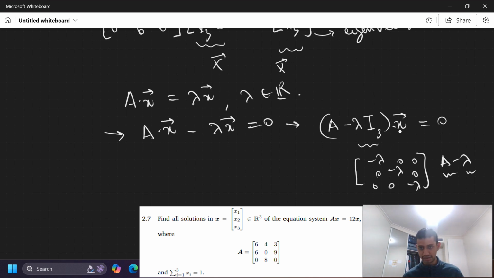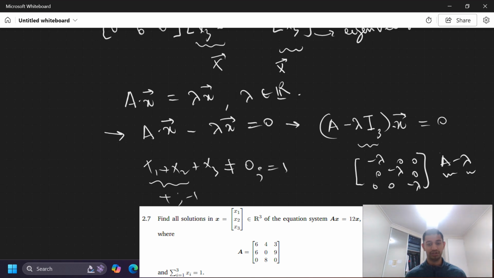Now notice that we are looking for non-trivial solutions, as we have been told x1 plus x2 plus x3 is not equal to 0, since this is equal to 1, at least two of them must have non-zero values, right?